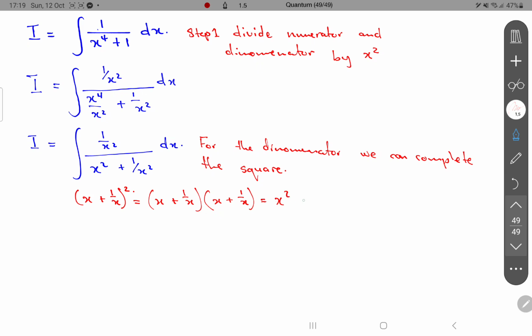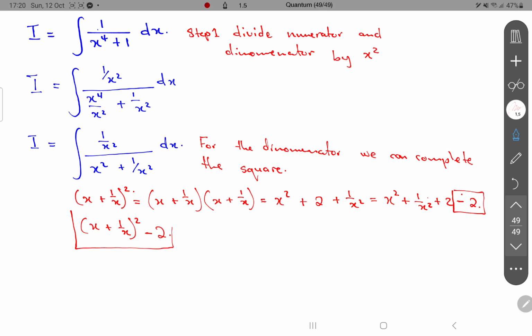That's x squared plus 1 plus 1, that's a 2, plus 1 over x squared, which is going to be x squared plus 1 over x squared plus a 2. But we are supposed to put minus a 2 here to take out the plus 2. So this way, x plus 1 over x squared minus 2 is going to be our denominator.